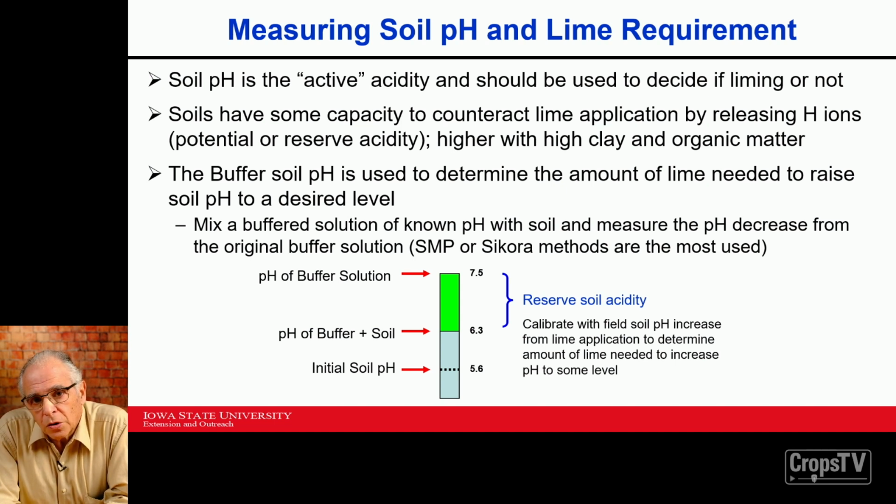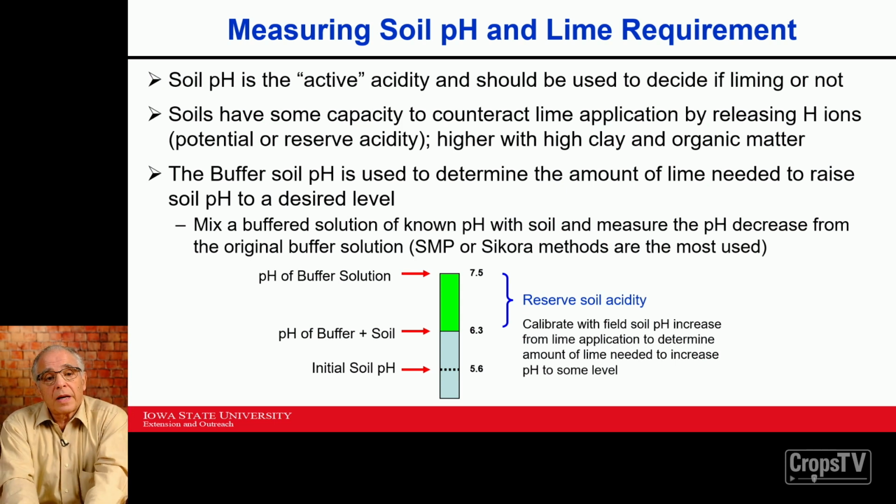So soils with high clay and high organic matter have a higher capacity to resist a pH change, so they will need more lime to affect a certain pH change. So the buffer pH is used in the United States to determine the amount of lime needed to raise soil pH to a desired level.